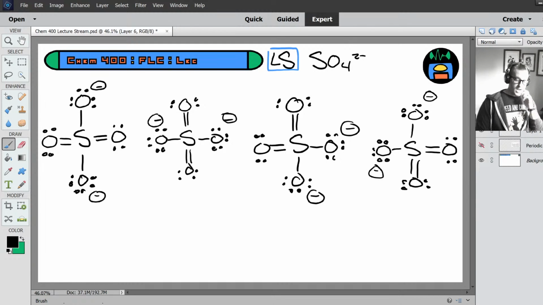All right. Turns out all of these structures are resonance structures of each other, and they are all equally correct.